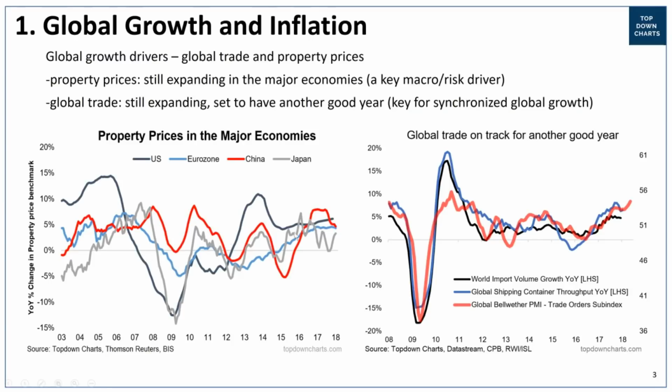By the same token, if you fast forward to the 2015-16 period, all of these had started to be in expansion mode. All four of these major economies had rising property prices, and at that time we were going through two stock market corrections, and there was quite a bit of concern and panic around that, and rightfully so, because as you can see on the global trade chart to the right, around that period there is pretty much a near-miss global recession.